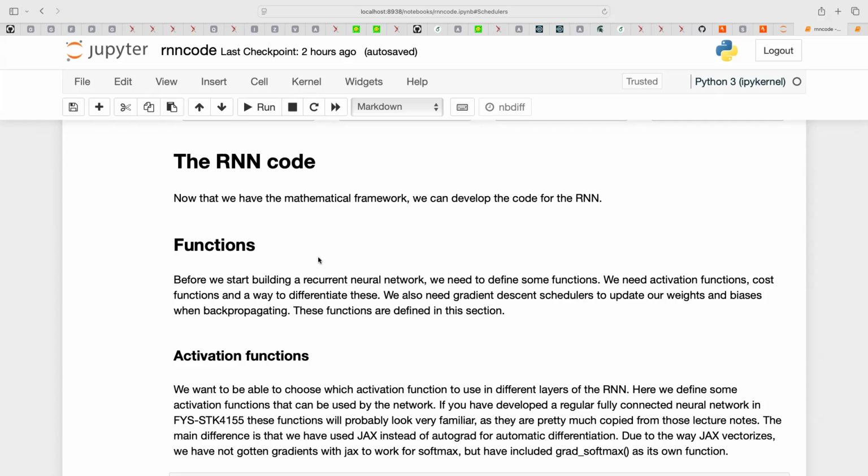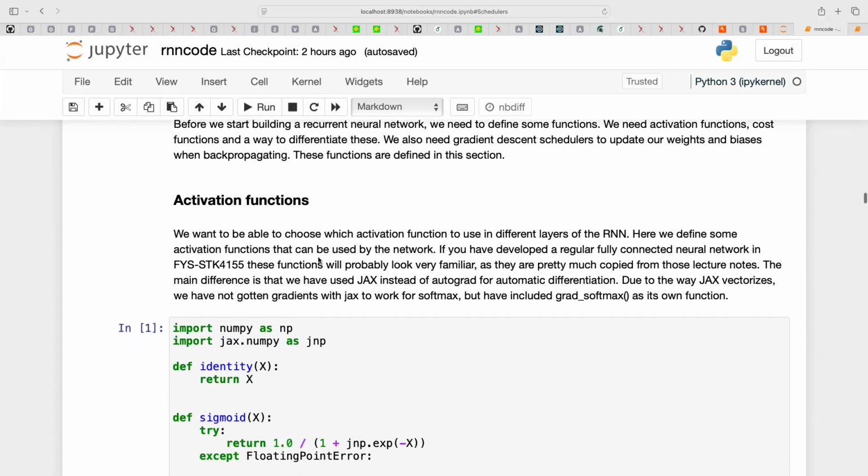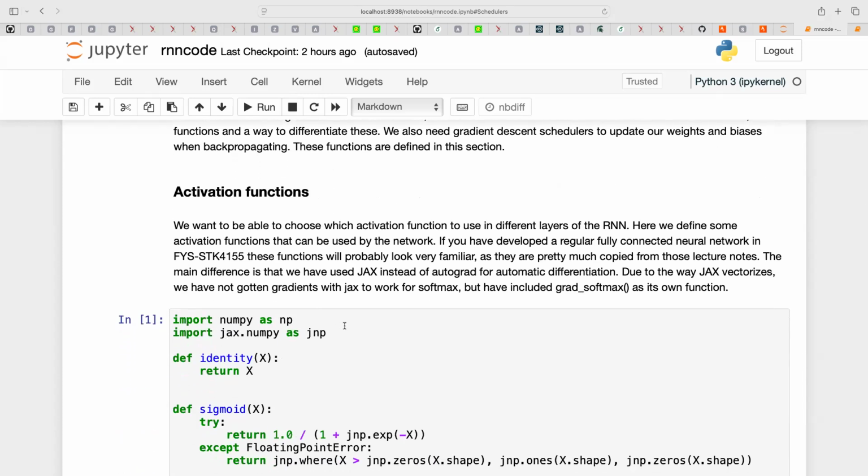And this is the usage of a library like JAX, which includes automatic differentiation. So for those of you who have followed a course like FYS STK4155, automatic differentiation is the thing which saves the day. And previously this was included in a Python library, which is called AutoGrad.